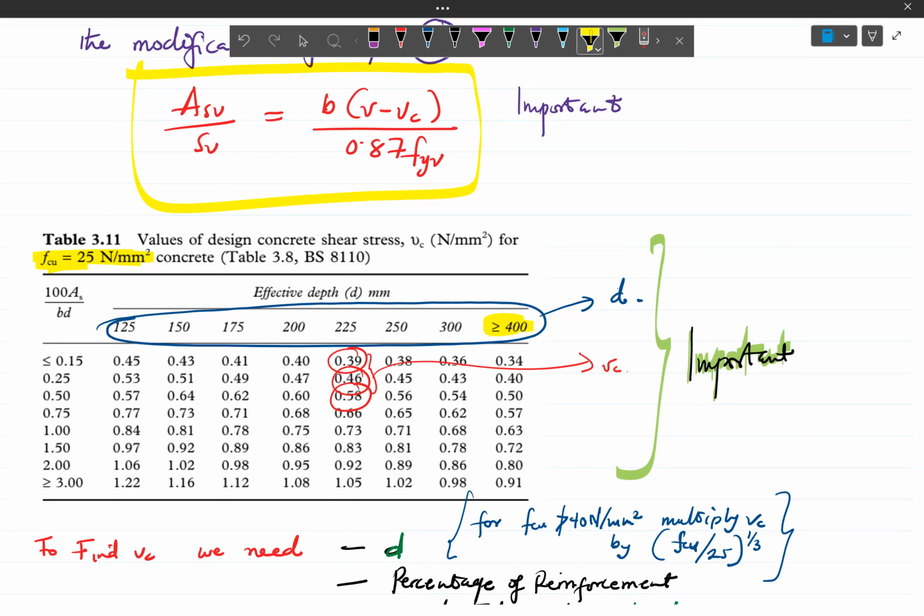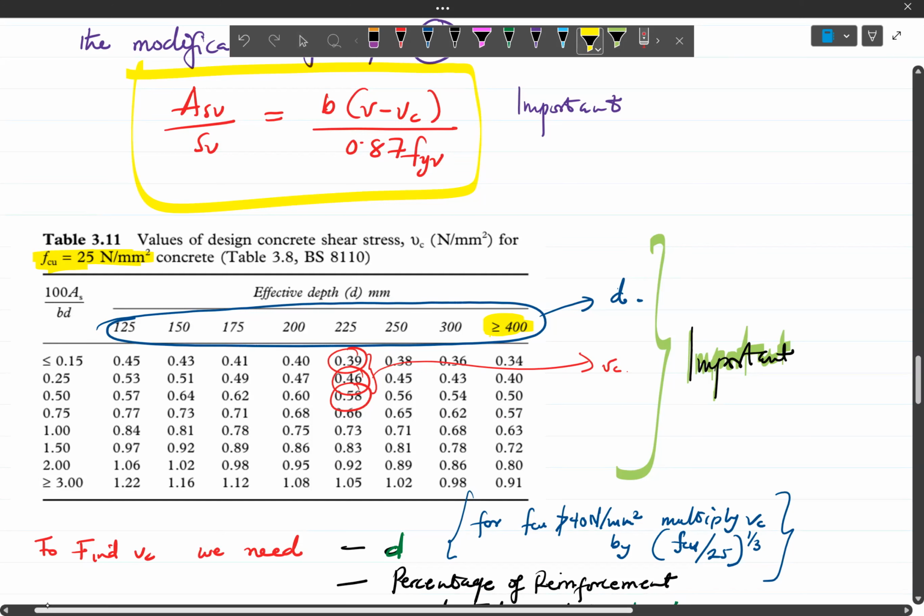So I got 1.1. Well, let me just copy this and bring it down, and then maybe that will help us, so that I can show you guys how all these calculations are done.